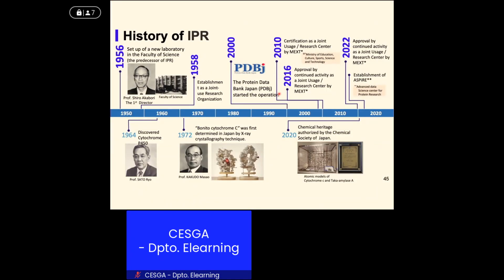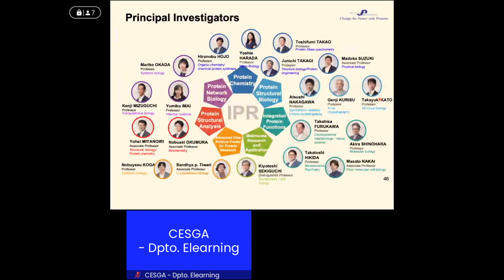Because of AlphaFold and so on, recently we established a new center called ASPIRE, the Advanced Data Science Center for Protein Science. So these are the PIs of the IPR.